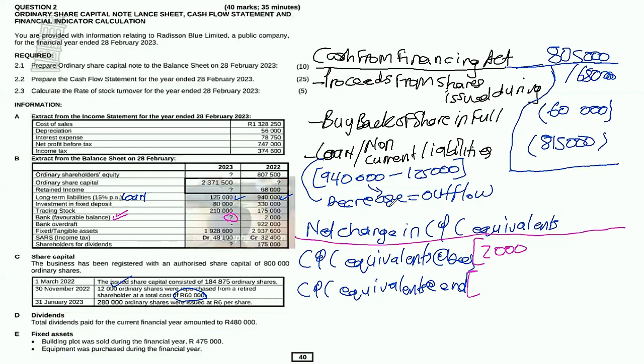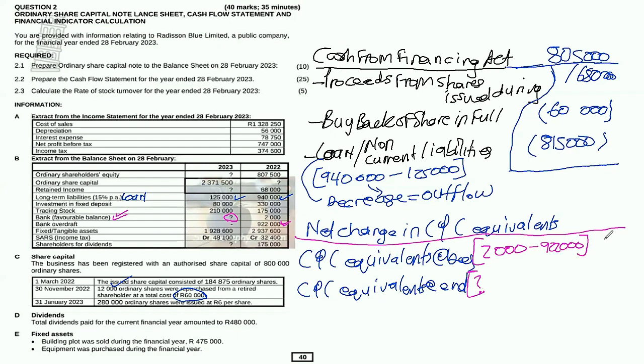That's new. So our ending figure is a balancing figure. Therefore, you check your bank overdraft. So now bank overdraft was 922,000 at the beginning. So now you will subtract 922,000.